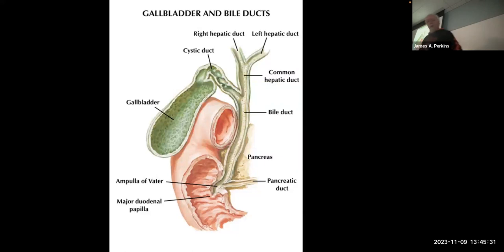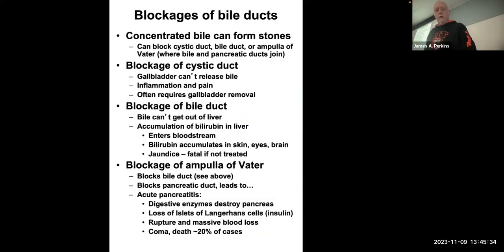Bilirubin begins to circulate around in the blood, where it deposits specifically in certain tissues: the skin, the sclera of the eyes, the white of the eye, and the brain.